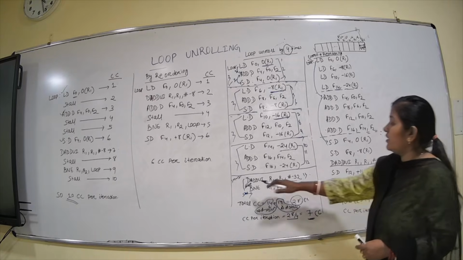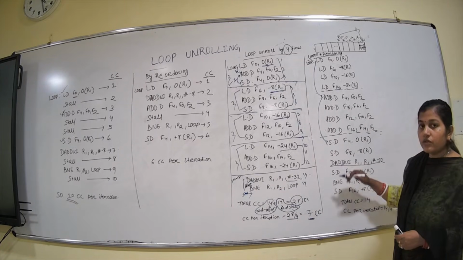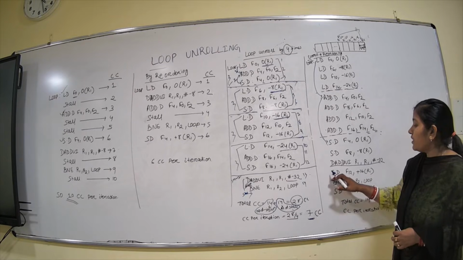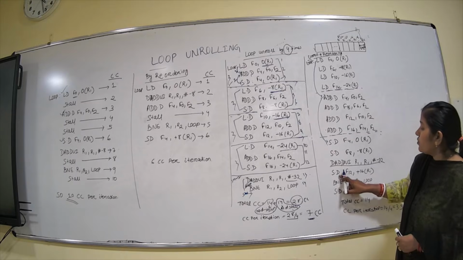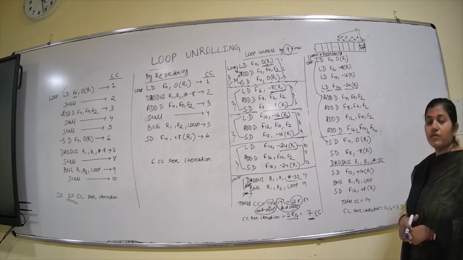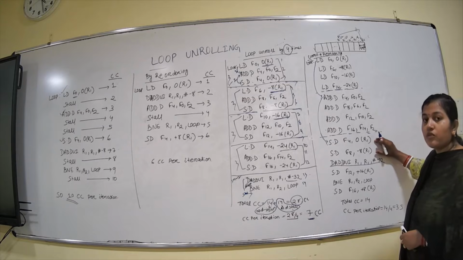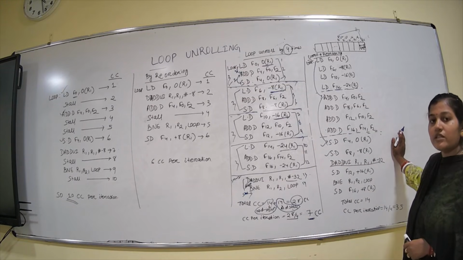That means DADDUI and BNE we have to put in the instruction so that there will be one gap. That gap will be used by another instruction. Now, then store, then BNE, then store. Now you will see we have done 2 store operations here. Last and second last, we have stored.